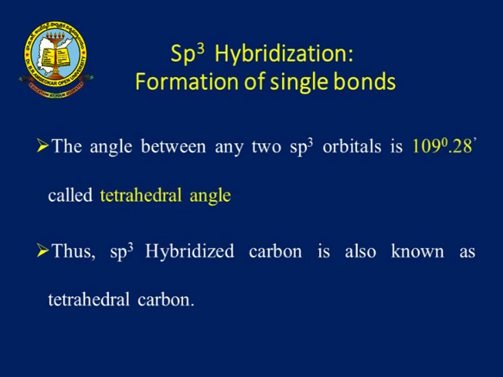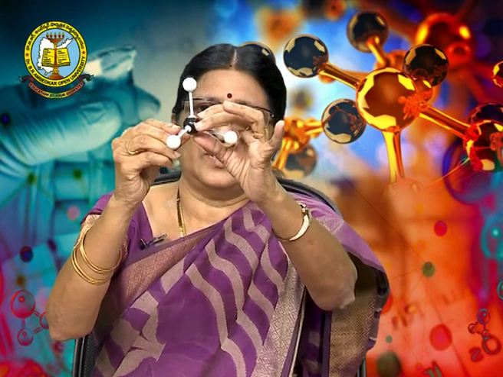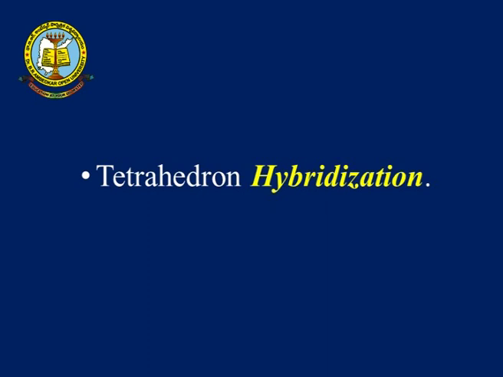Whichever two bonds you take, you can have 109 degrees of bond angle. So, it is known as a regular tetrahedron. The four bonds occupy the corners of the regular tetrahedron. Therefore, the hybridization is also referred to as a tetrahedral hybridization.